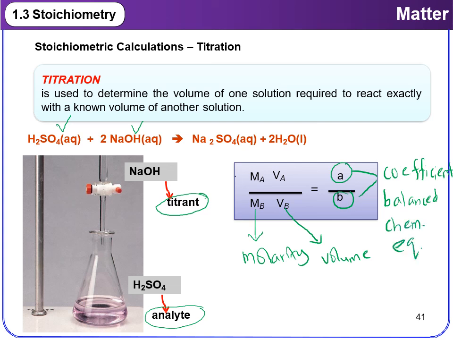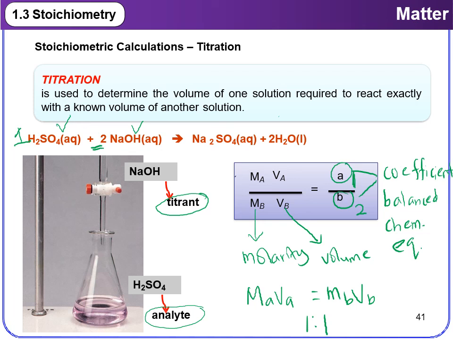So you will notice the formula becomes MAVA equals MBVB if the ratio is 1 to 1. But in this case, the ratio is 1 to 2. Let's say A refers to acid, so here it becomes 1, and B refers to base, so here it becomes 2.